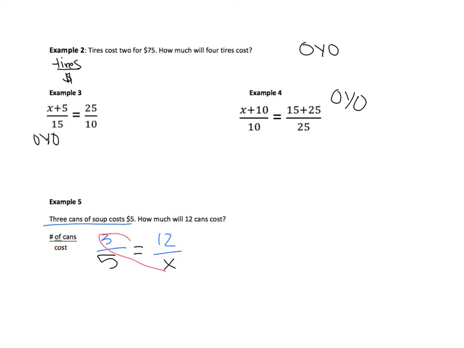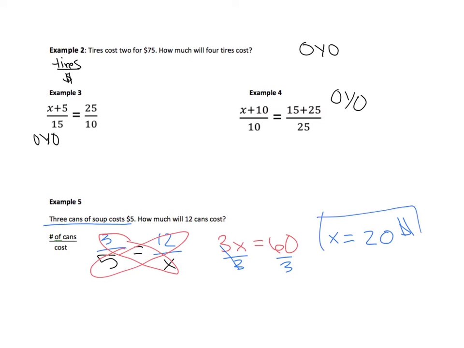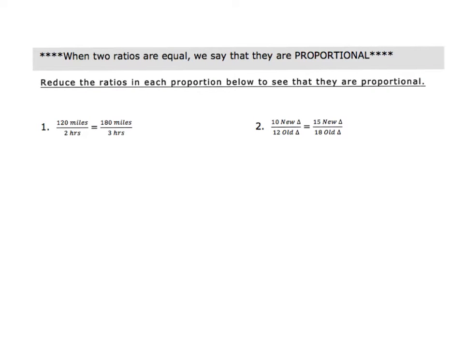So now when we cross multiply, we get 3 times x, which is 3x, equals 5 times 12, which is 60. Solve for x by dividing both sides by 3, and you end up with x equals 20, and that's $20.